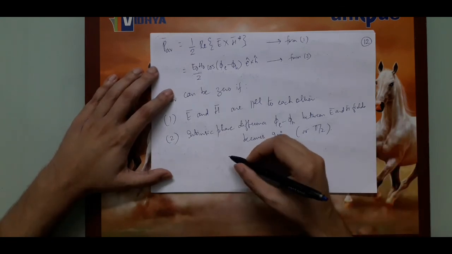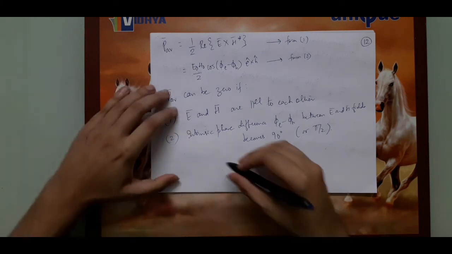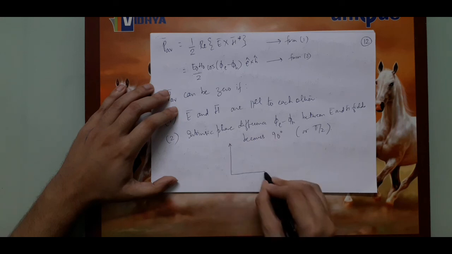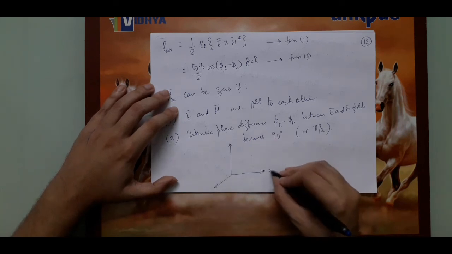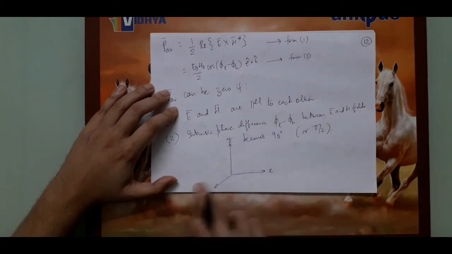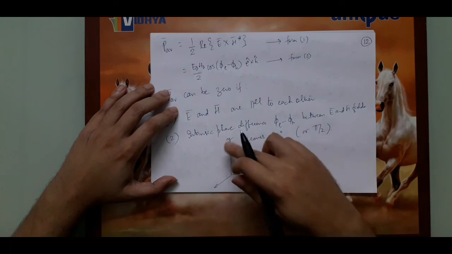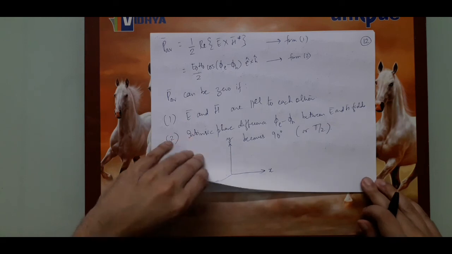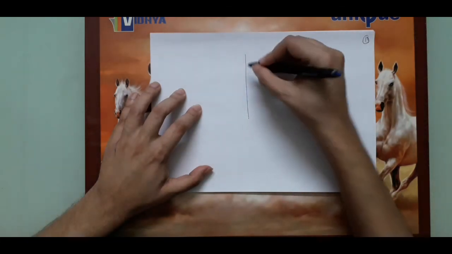So if you now go back and try to draw the fields, let us say that the E field exists along the x-axis, the H field exists along the y-axis, but both are functions of z. Then what will they look like? So let us try to draw them.